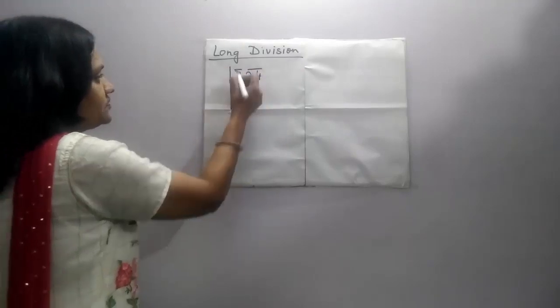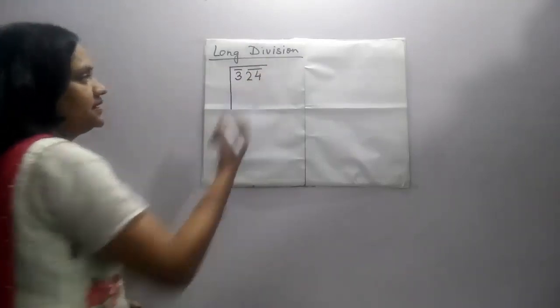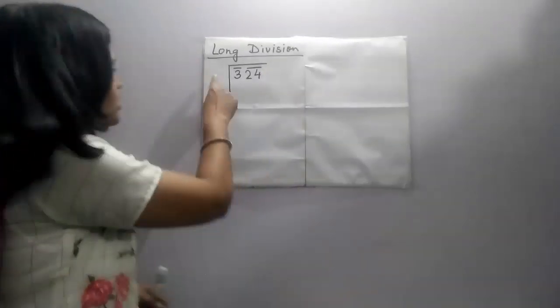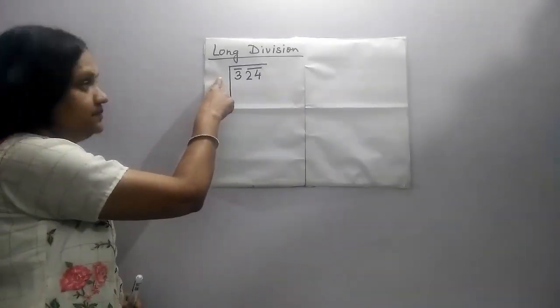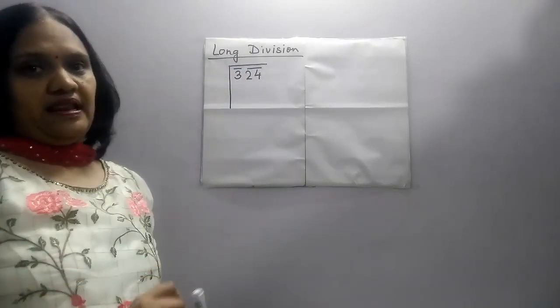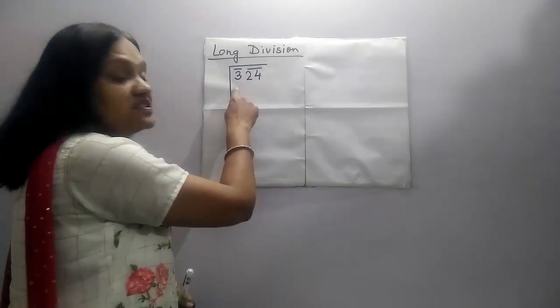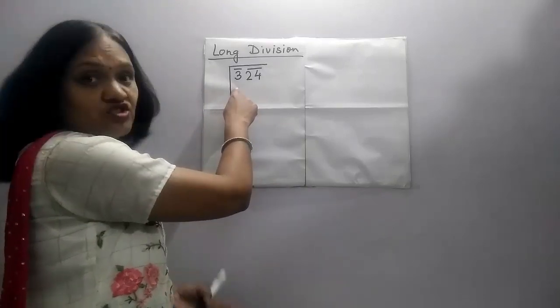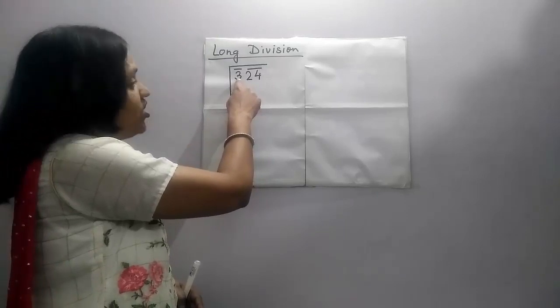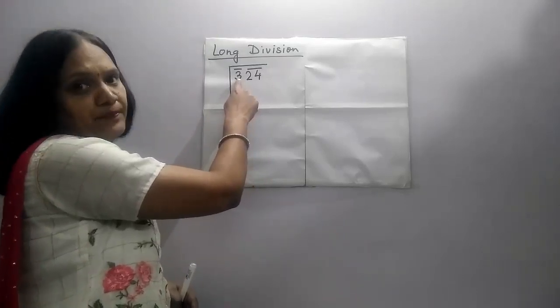Now for the long division method, please see this carefully. Whichever digit I write here, the same digit I need to write on the top as well. And the answer over here, as usual for division, has to be less than or equal to this number.